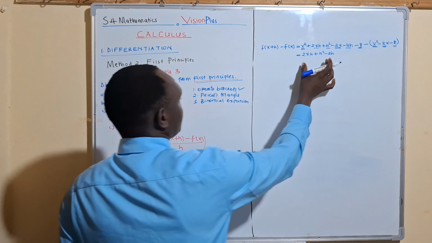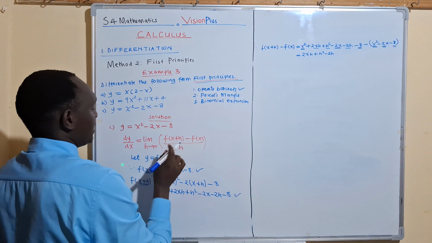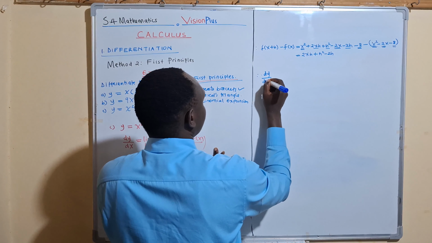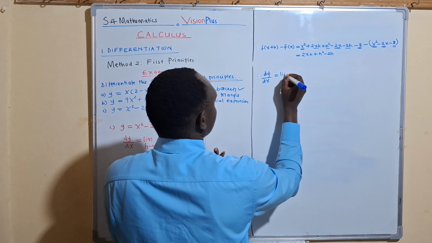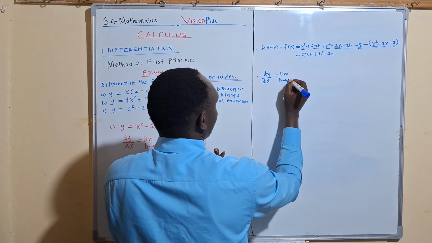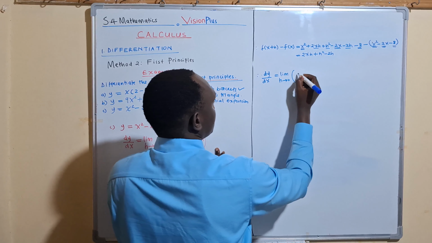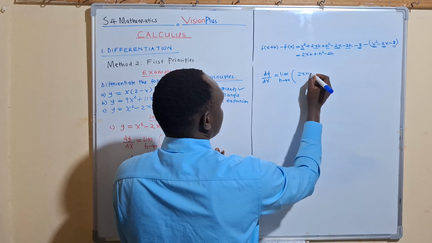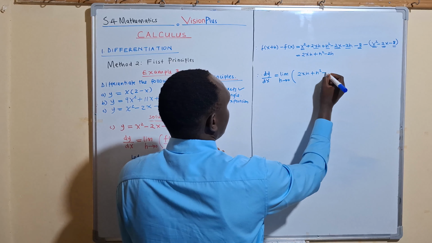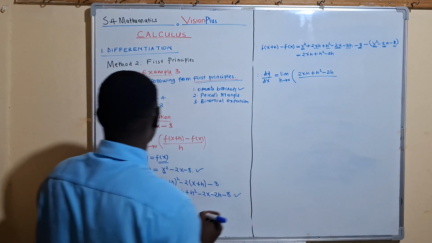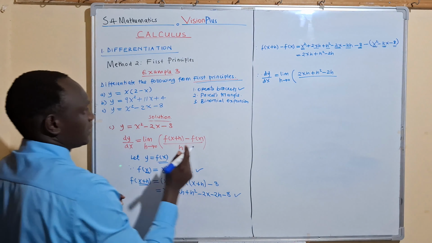So after getting the difference, then we substitute for them in the formula. Therefore, our dy/dx here becomes the limit as h tends to 0 of the difference of the two functions, that is 2xh plus h squared minus 2h, over h in the formula.